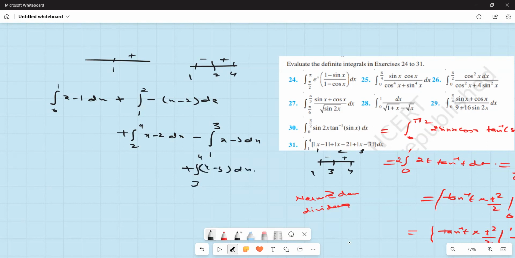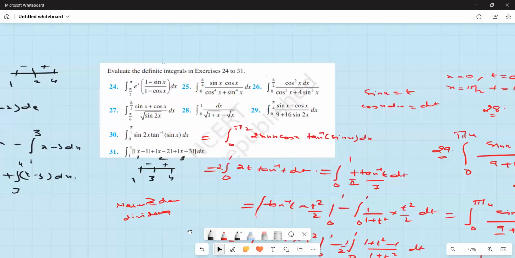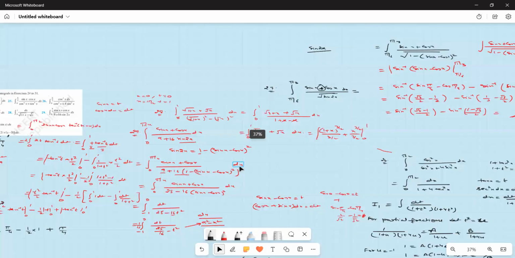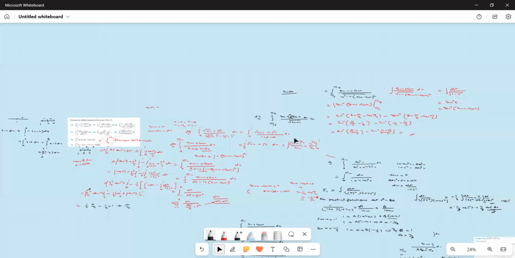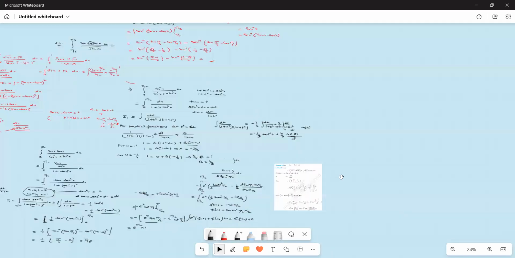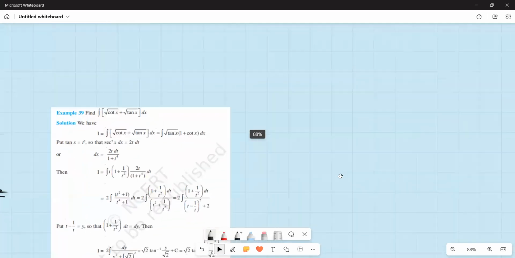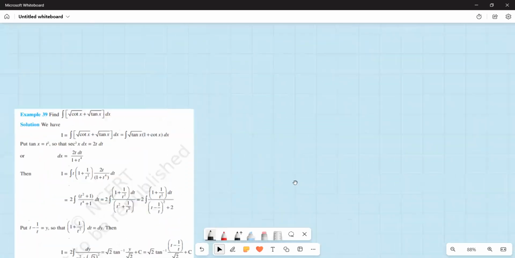So now one question, there is an example in your book, but it is an important question. It is a long method in the book, but the sin 2x method we can use over here also. How? Check.